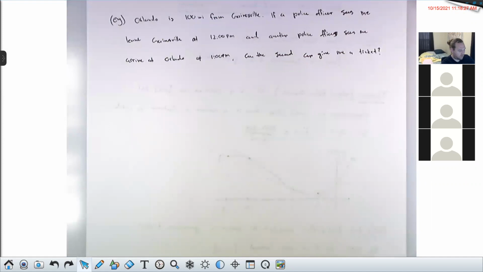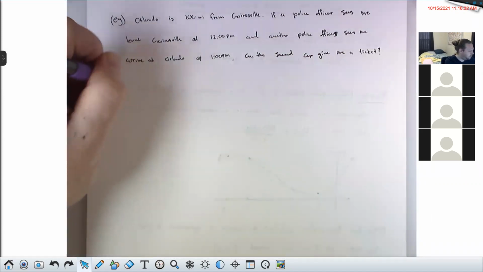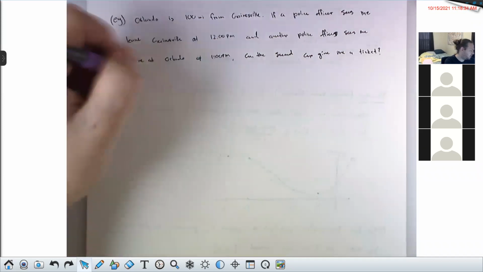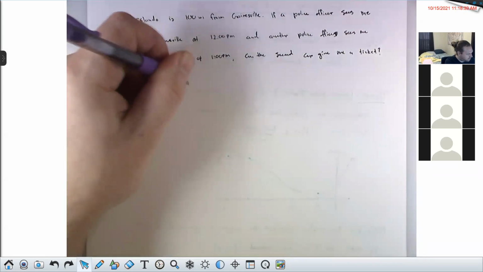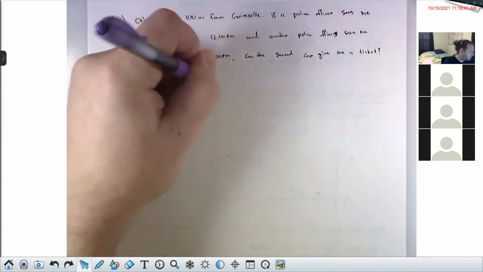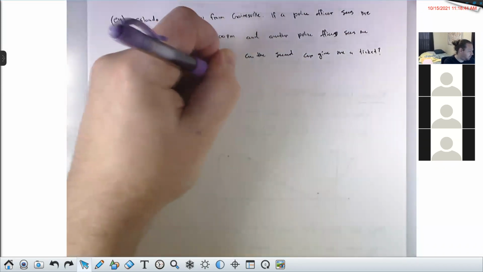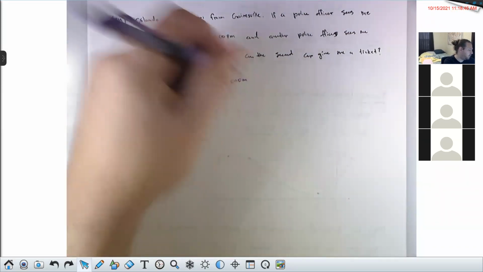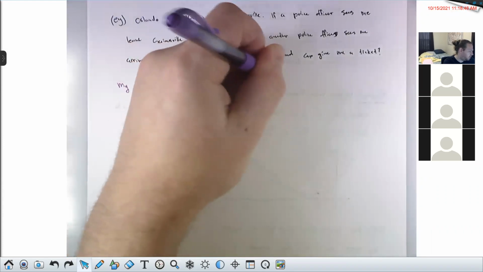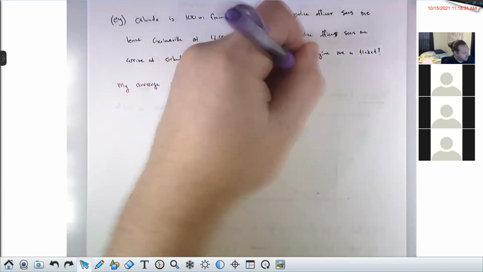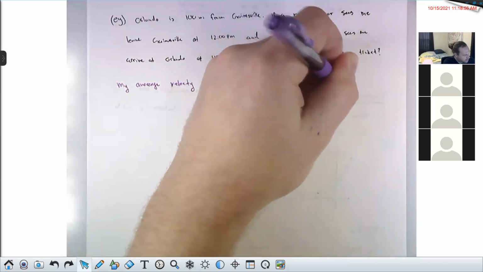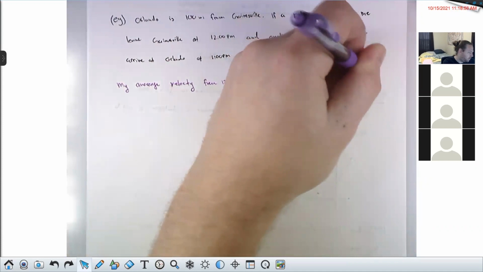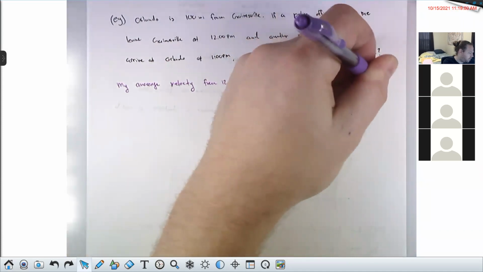And the answer here comes from the mean value theorem. So my average velocity from 12 p.m. to 1 p.m. is 100 miles divided by 1 hour, which is 100 miles per hour.